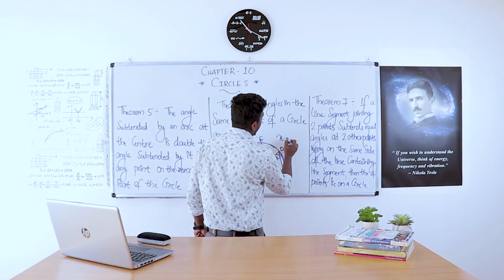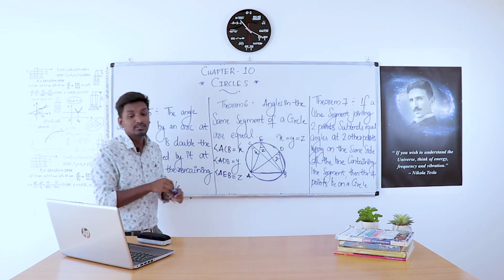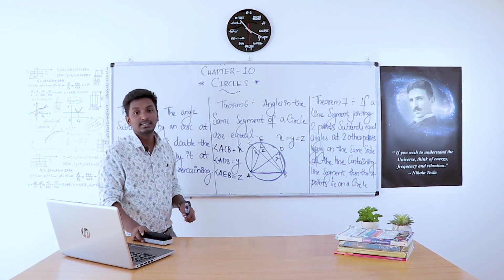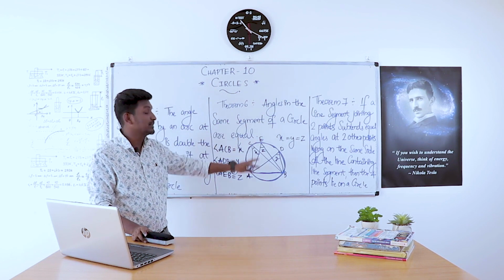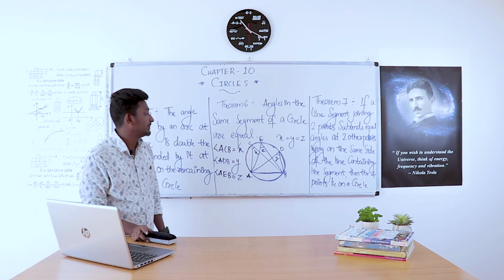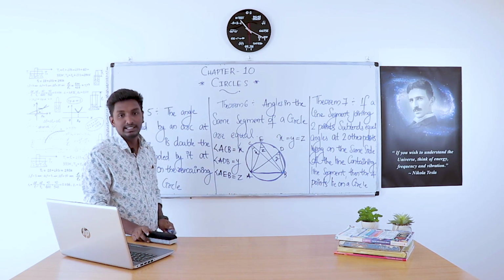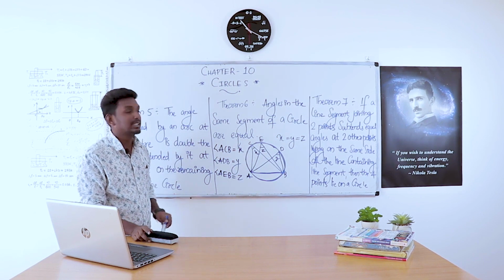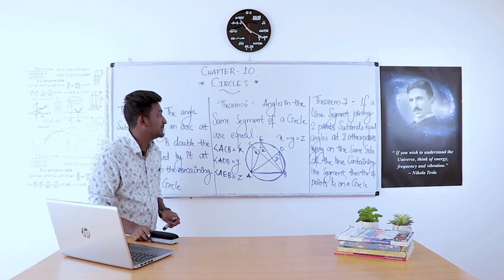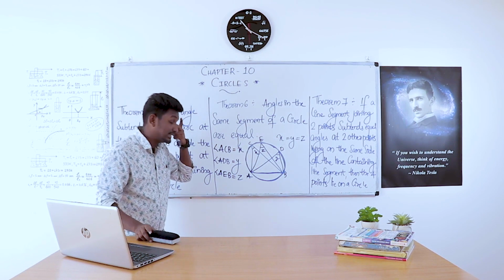That is X equal to Y equal to Z. Clear? Angles in the same segment of a circle. These angles X, Y and Z lie on the same segment, therefore these angles are equal. That's what theorem number 6 says. Angles in the same segment of a circle are equal. Moving to the 7th theorem.